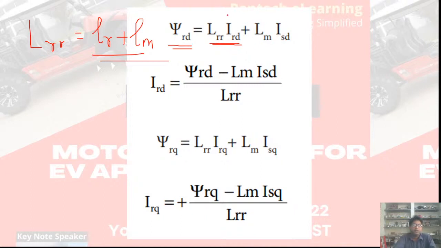As I told, these things I have to replace. So if I find out the IRD, it is like this. Similarly, psi RQ is equal to LRR IRQ plus LM ISQ. So I have to replace this IRQ. So IRQ is nothing but this. Okay.